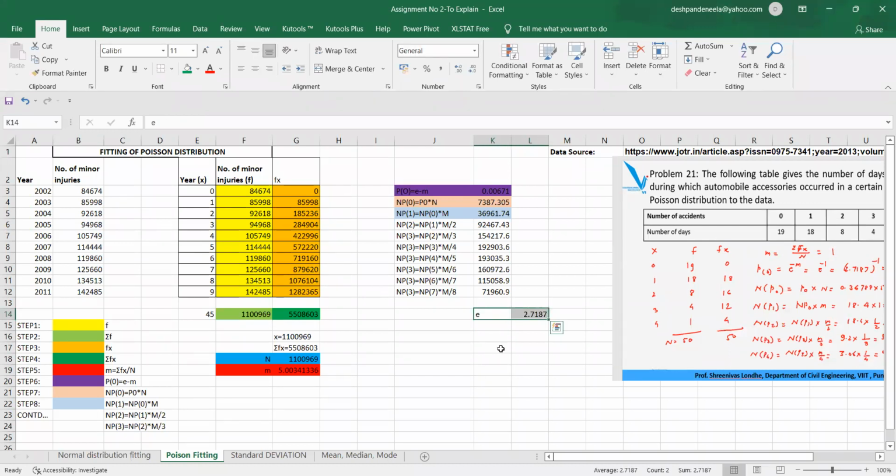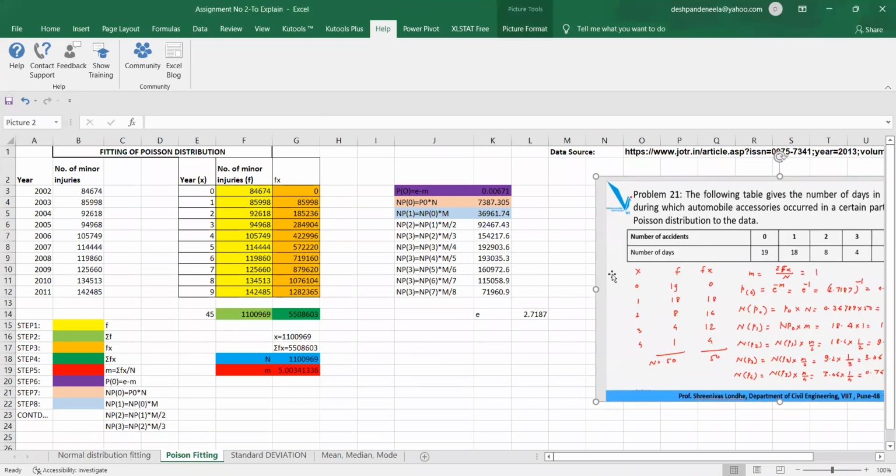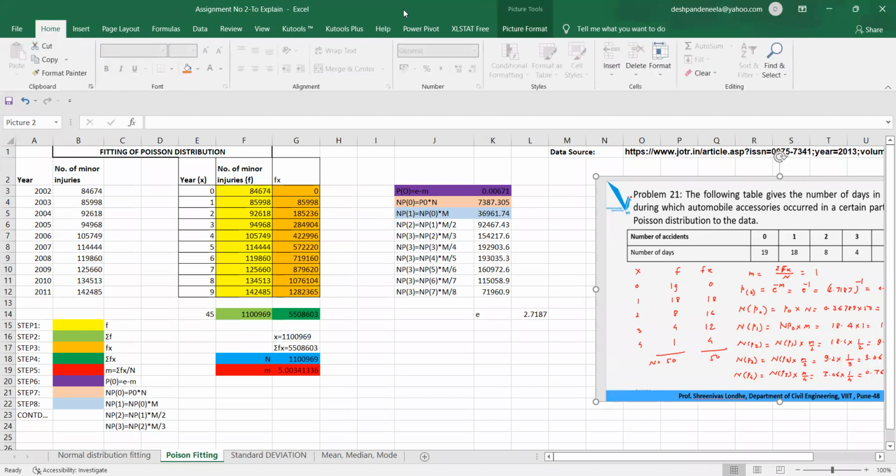Now this particular value, of course, you'll get it on the net also. It is known to everybody, or you can go to help from here and you can get the values also. You can just give your query and it will give you the value. That way, Excel is very, very robust. It can help you in a lot of ways. So the e value is there.